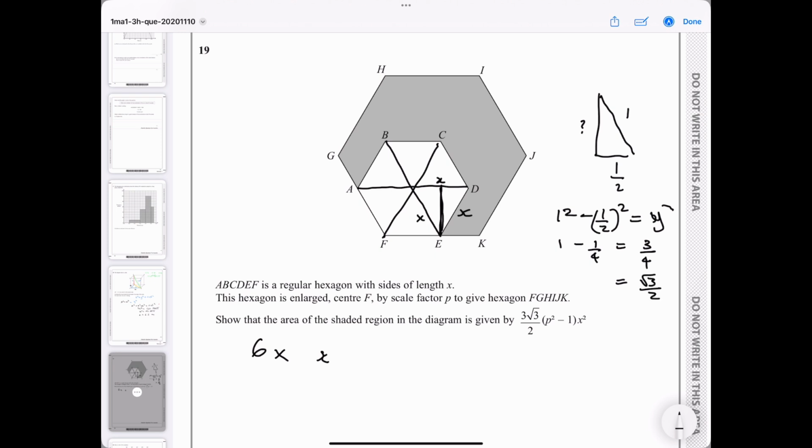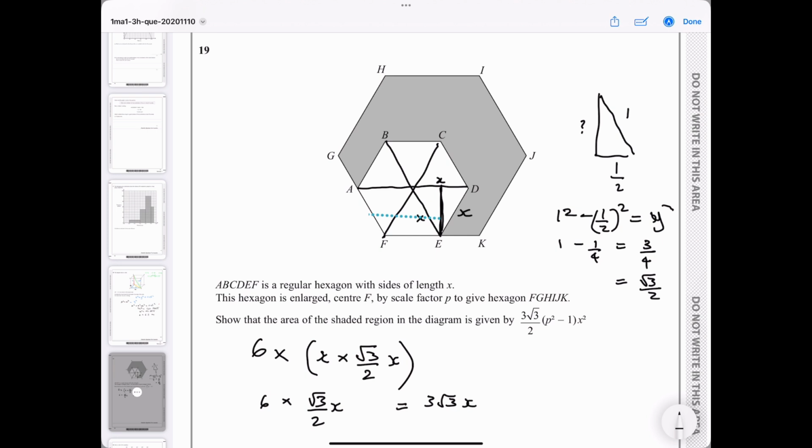So basically the area of this is going to be x times √3/2 x, which equals 6 times root 3 over 2 x, which equals 3 root 3 x.